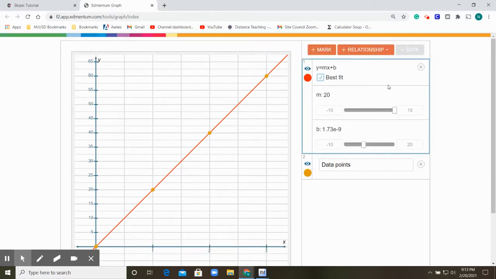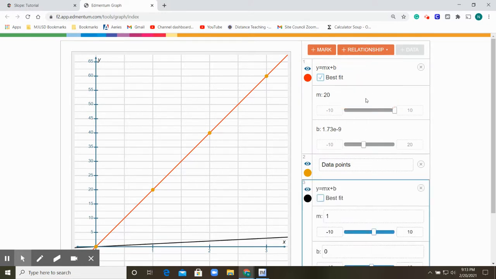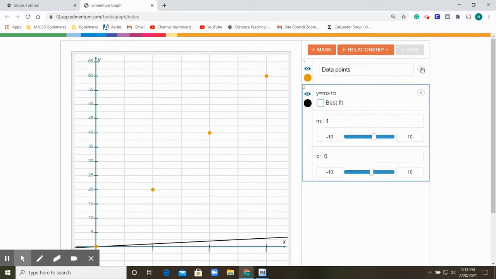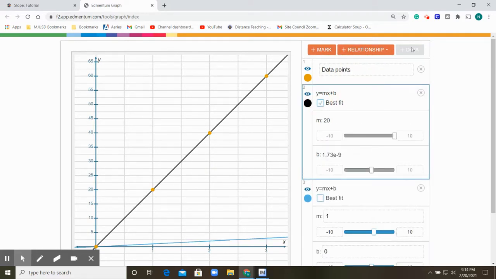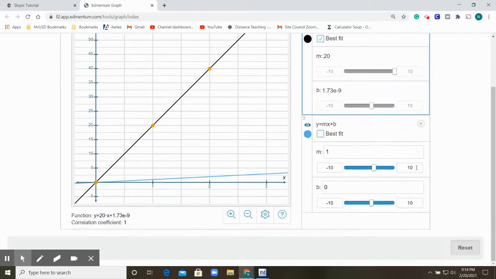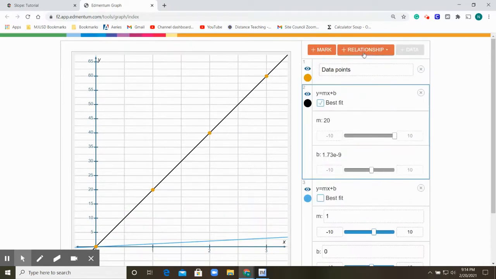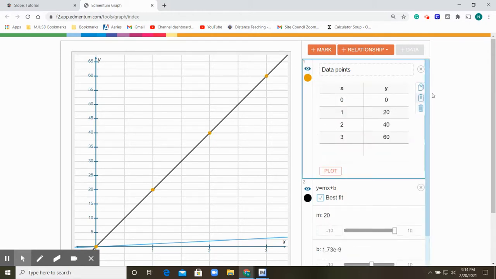Then what it wants us to do, I don't know why that happened. I'm sorry. Oh no. Linear, best fit. Now I'm trying to get to the tool where we can copy it. We want to see our data points.